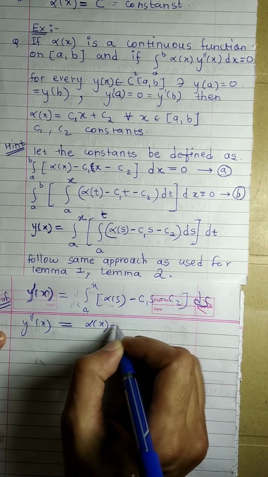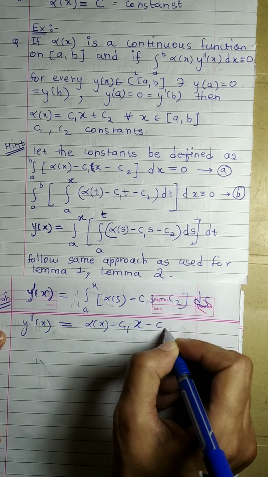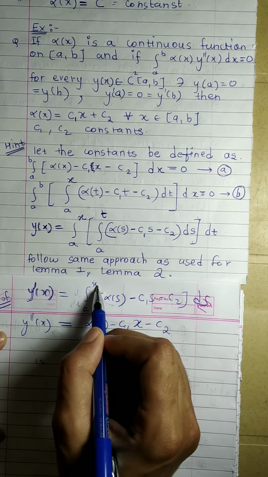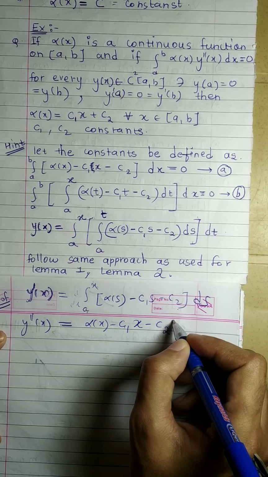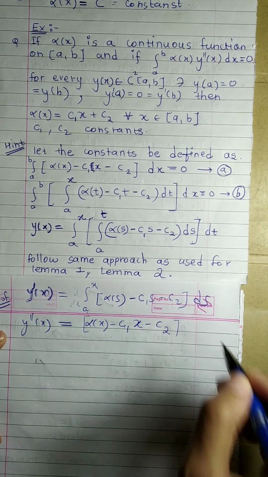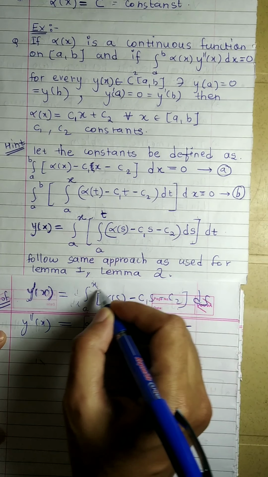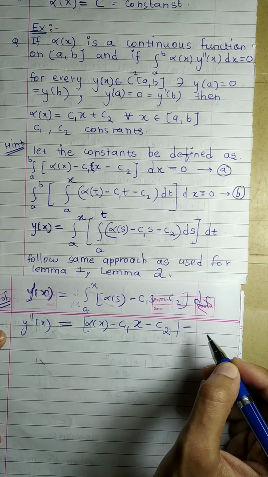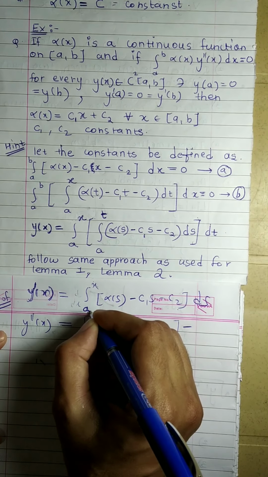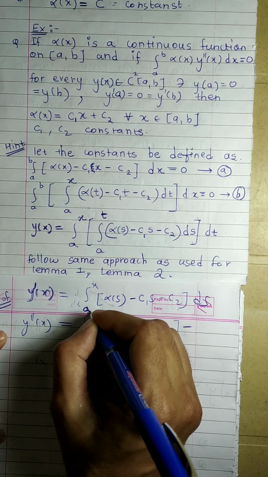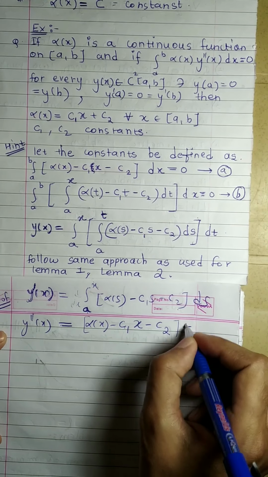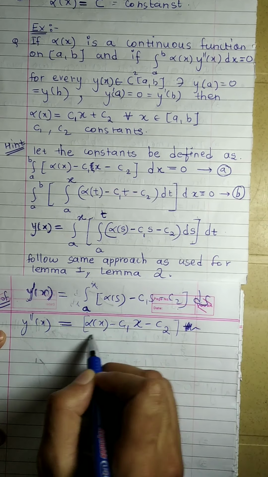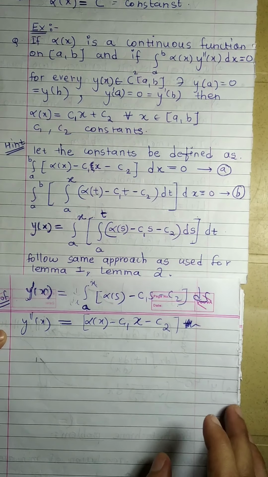Alpha of x minus c1x minus c2 into the derivative of this with respect to x, so that is 1, minus evaluate this at the lower limit into the derivative of this with respect to x, but this is a constant, so the derivative of this with respect to x will go to 0, and hence the second term is gone. Okay, so y double dash of x is equal to this, and this is very well continuous.